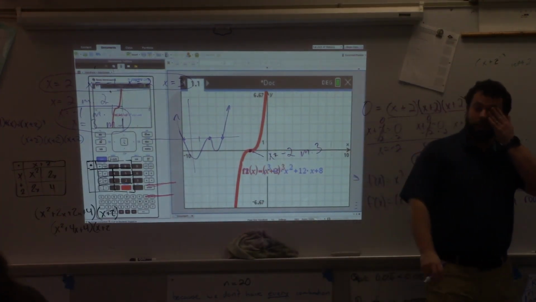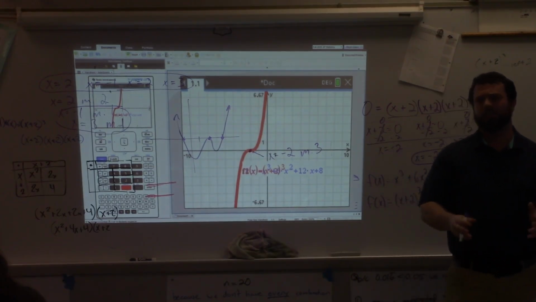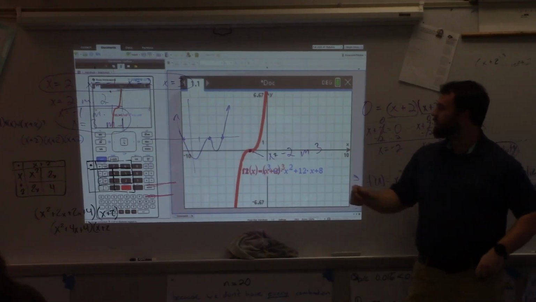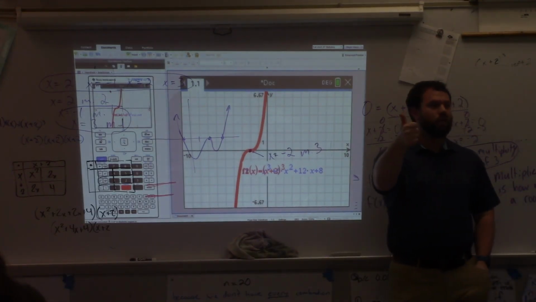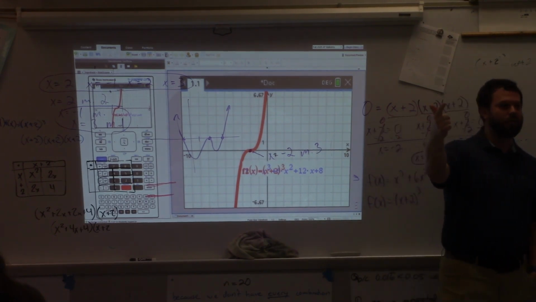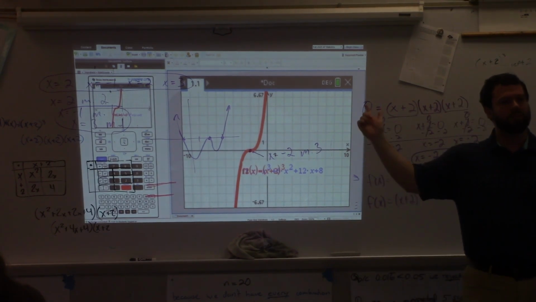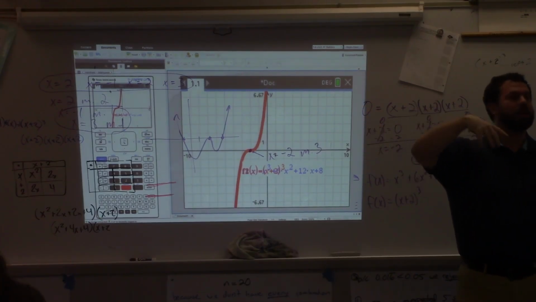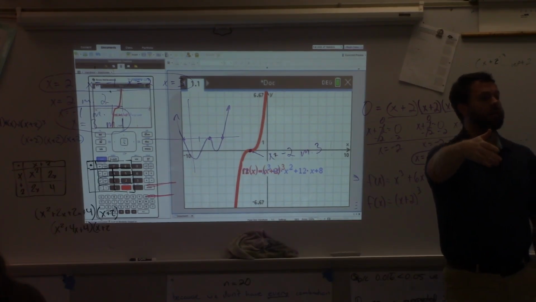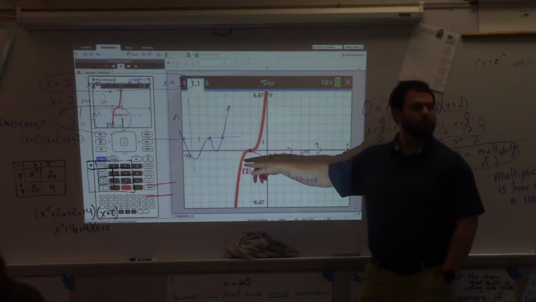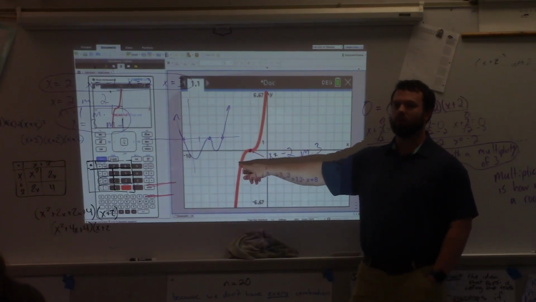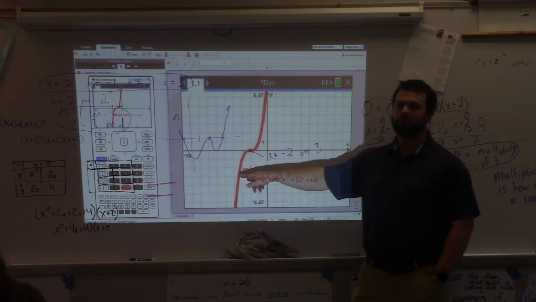What you'll learn is, at some point, I'm not going to test you on this right now, but if the multiplicity is 1 or 3, or any other guesses what other multiplicities will it go through? 5, 7, 9. If the multiplicity is odd, it's going to go through. The only difference is how much does it curve at that root.